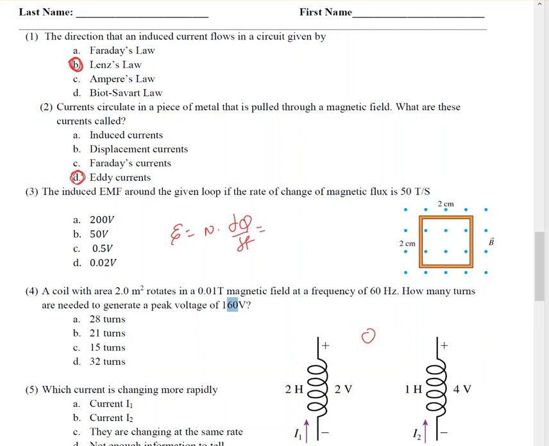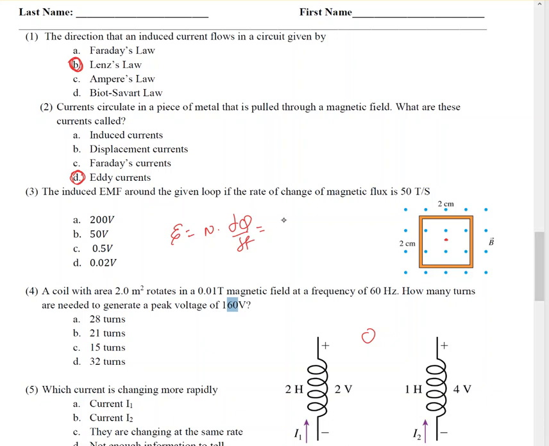Phi is nothing but BA cos theta. Theta here is 0 degrees. Why is it 0? Theta is the angle between the normal to the area and the magnetic field. The normal to the area is perpendicular to this area, which is either going into the board or coming out of the board. And the magnetic field here, they are dots, so they are all coming out of the board.